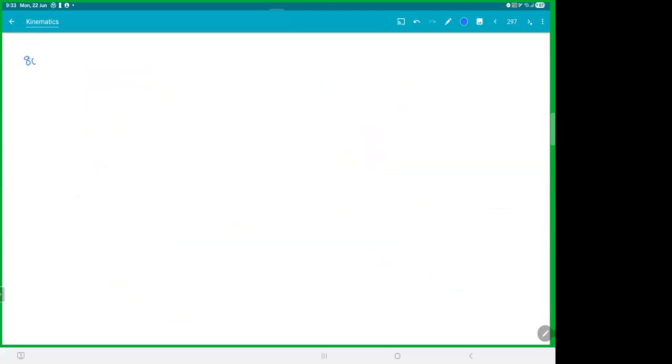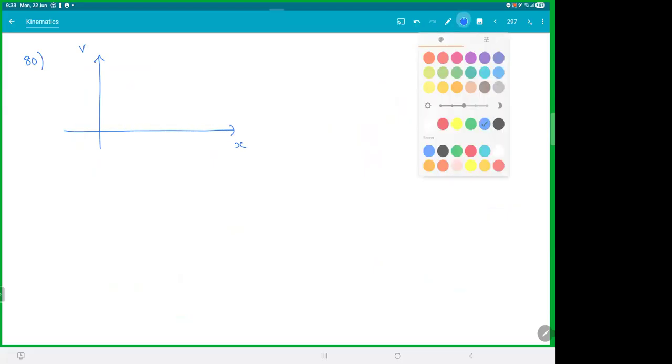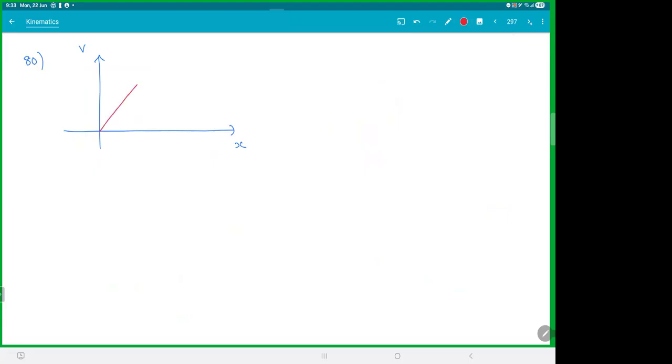Next thing. This is a Vx graph. It's looking like this. You can take any values there. Plot the Ax graph for this. I gave you a Vx graph, you have to show me how the Ax graph looks.